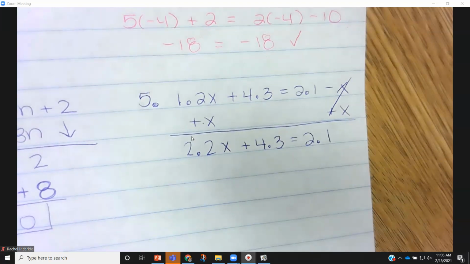I was trying to see if I had a calculator back here. I don't. Well, so Abby, the x right here is the same as saying 1x, because 1 times x is just x, and 1 times anything is that number. So we're adding it over there to 1.2. This is the same as saying 1.0x plus 1.2. And so when we add those together, we keep the x, add this decimal place first, and then add your 2. Does that make sense? Yeah.